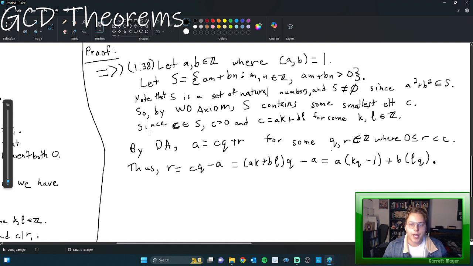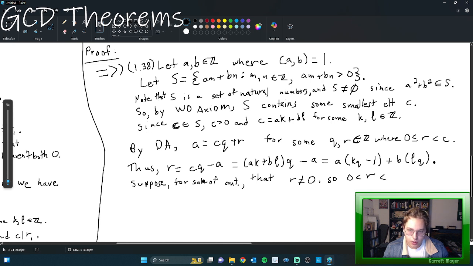So now let's look at this value of r, and we're going to suppose, for sake of contradiction, that r does not equal 0. So 0 is less than r is less than c. All we're doing is getting rid of that possibility that r is equal to 0.